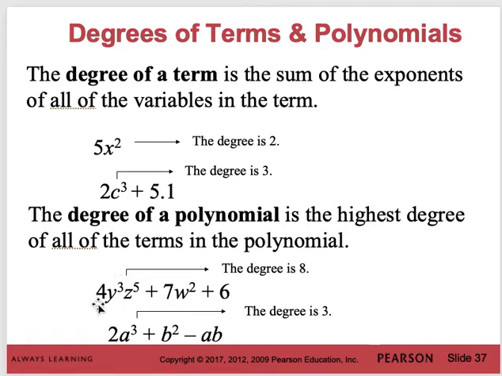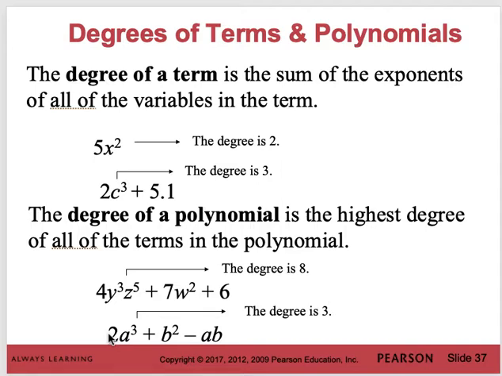Since this is one term, we would add those exponents together, even though the variables y and z are not the same letter. We would still add them together to get our degree since this is combined. So we would add 3 plus 5 to get 8, and we would say this polynomial has a degree of 8.